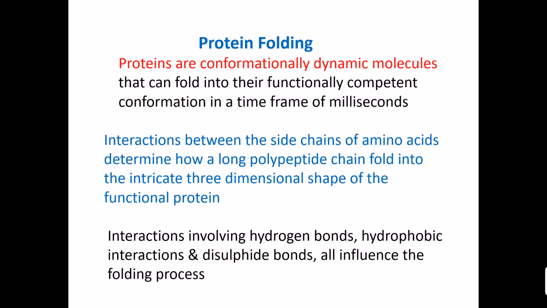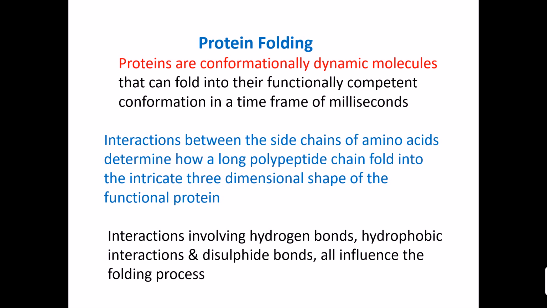Now come to the protein folding. In different protein structures, we see there are multiple foldings. So proteins are conformationally dynamic molecules and they can fold into their functionally competent conformation in a time frame of milliseconds.